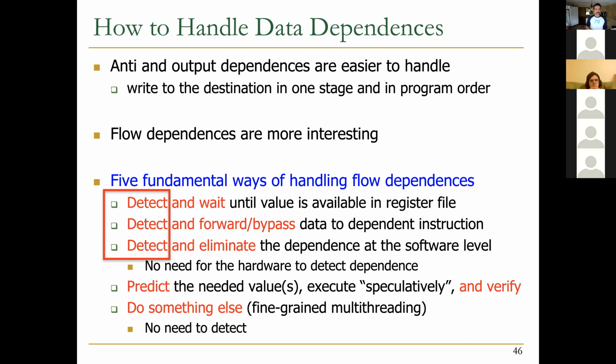If you remember, we finished off on Tuesday discussing these fundamental ways of handling flow dependence. The plan is to elaborate, so rather than saying what it is, to give you some idea how this is actually done in practice, more on the approach side.